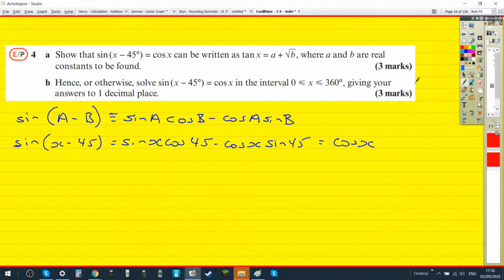Okay, cos 45 is root 2 over 2, and then sine 45 is also root 2 over 2. Okay. And so?